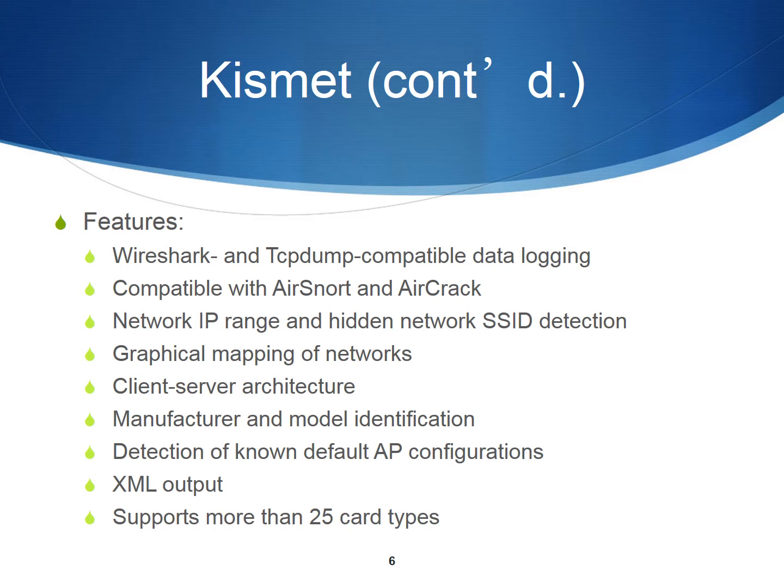It can reveal client-server architecture. It can report the manufacturer and model identification. And it can detect known default AP configurations. Kismet produces its output data in XML format and can support more than 25 different card types.